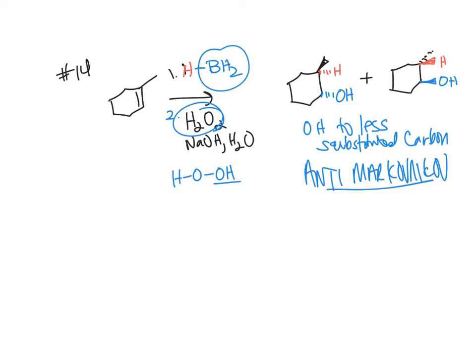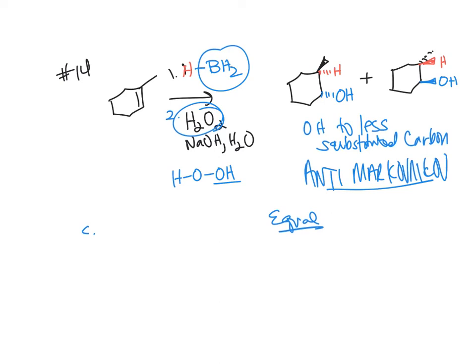Would you expect the products above to be formed in different or equal amounts? They would be formed probably in equal amounts. Okay, number C. Compare the hydration of alkene using hydroboration versus acid and water.